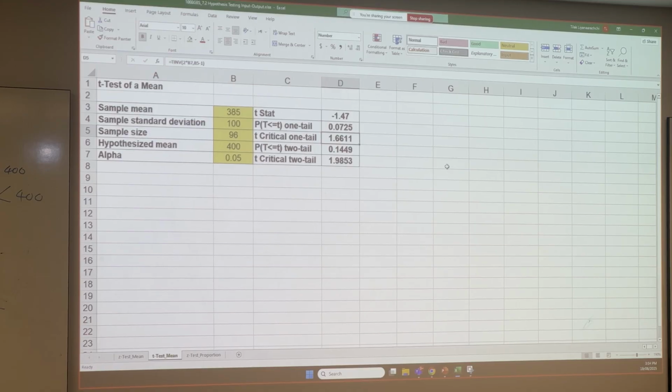Only one side you use because it's a left one-tail test. So this entire area is called H naught acceptance. This is falling into this area, minus 1.47. So you still don't reject H naught.